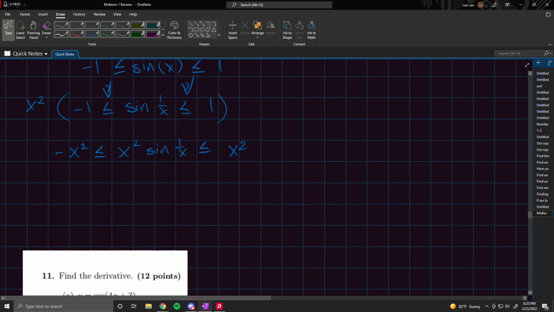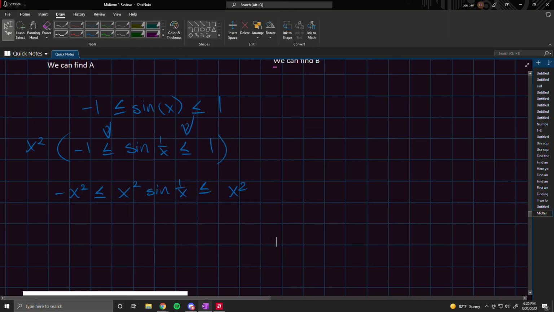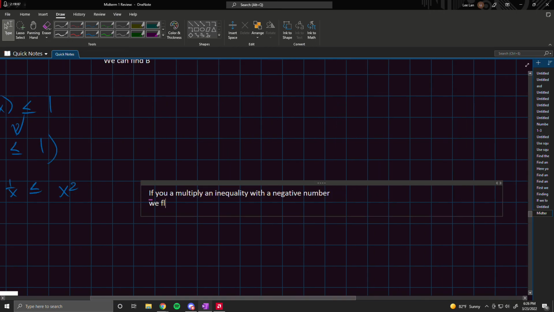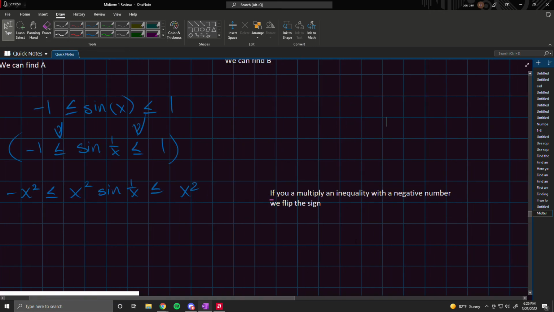Note that when you multiply an inequality, the less than or equal to, what you're multiplying by needs to be confirmed as always positive or negative. If you multiply an inequality by a negative number, we flip the sign.